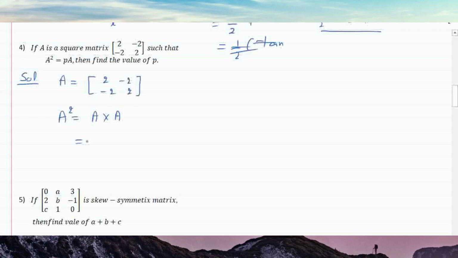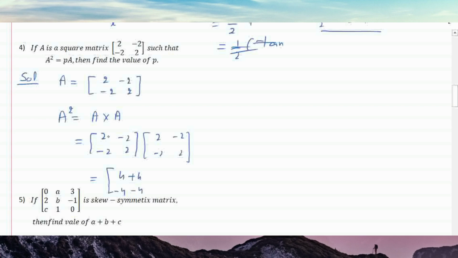Just to simplify it further, 2 minus 2 minus 2, 2, and here we are getting 2 minus 2 minus 2, 2. You just simplify it further, children. We are getting 2 2s are 4 plus, this is minus minus plus, right? Now you do like this here, this is minus 4 and this is again minus 4.